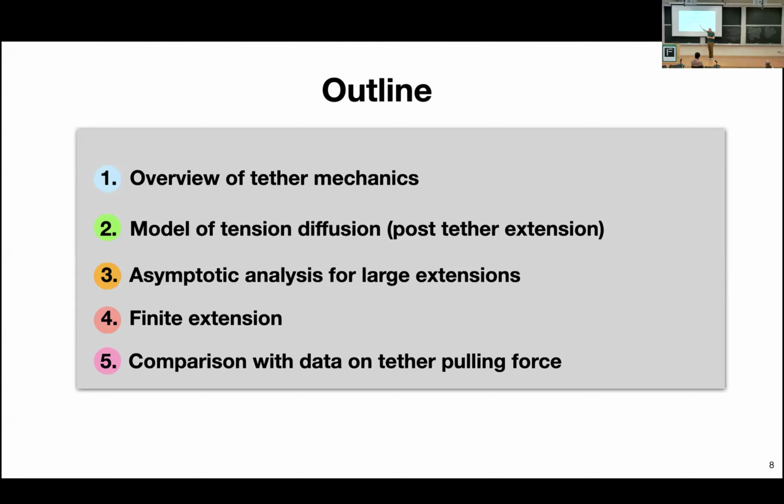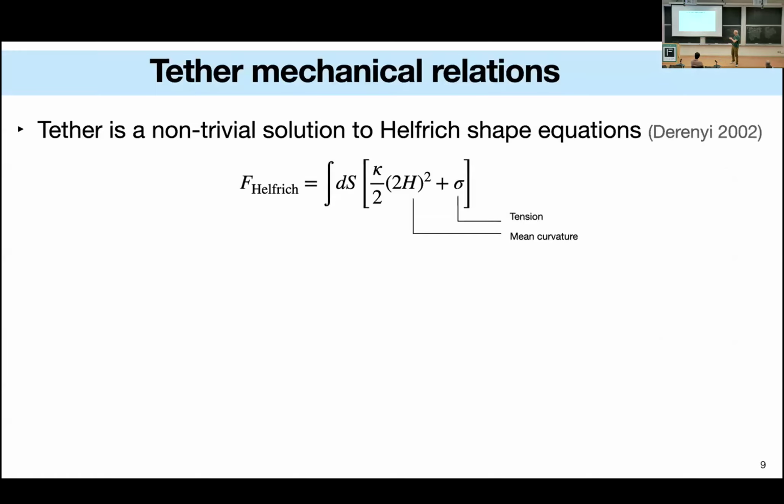I'll present some numerical results and some asymptotic analysis that allows us to get a simple quantitative handle maybe for what's going on. This asymptotic analysis is valid for very large tether extensions. We'll try to cure that for the case of finite extensions and then compare the model and its predictions with data. Okay, so here we go.